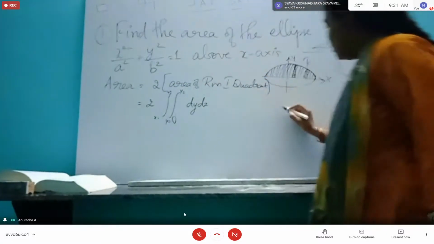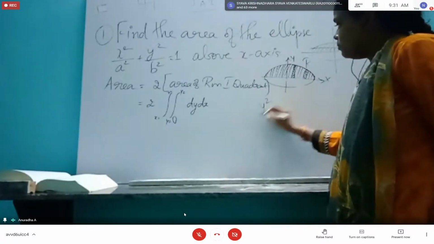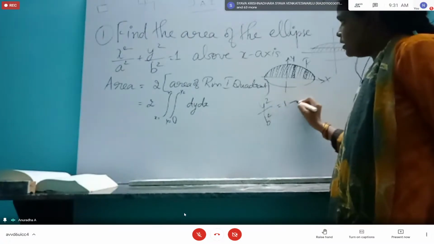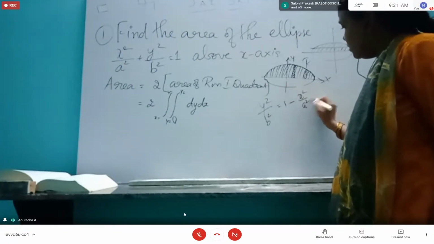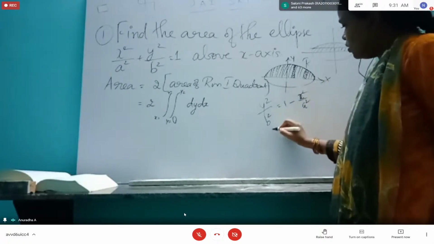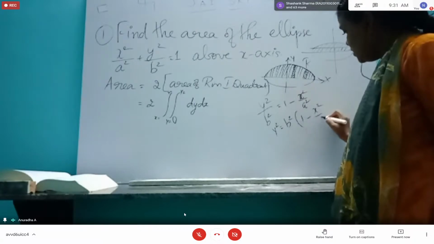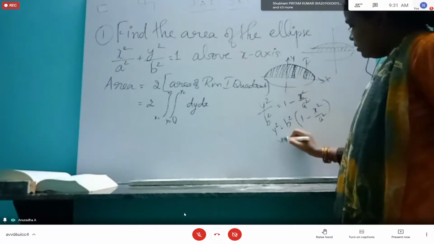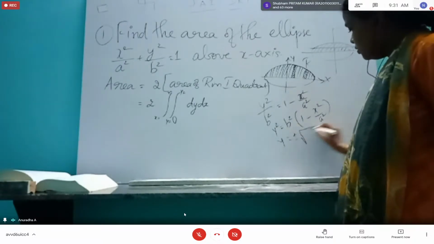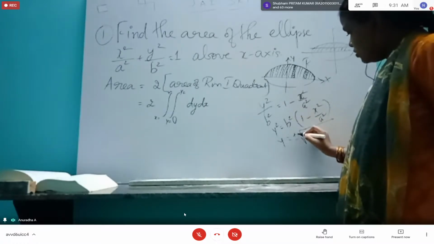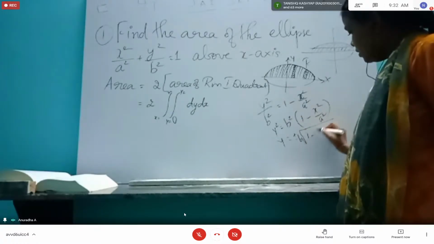So from here, if I write, I will get y square by b square equal to 1 minus x square by a square. So y square will be b square times 1 minus x square by a square. So y will be plus or minus root of b, which I can also pull out, b times 1 minus x square by a square.